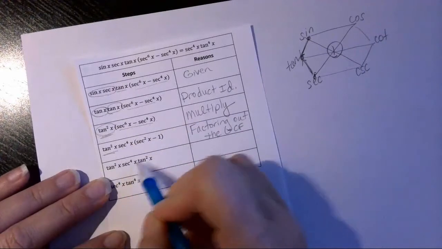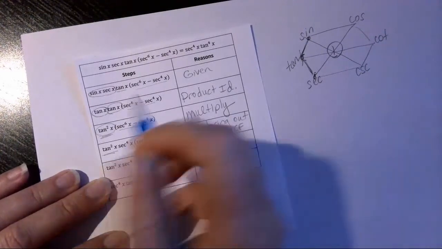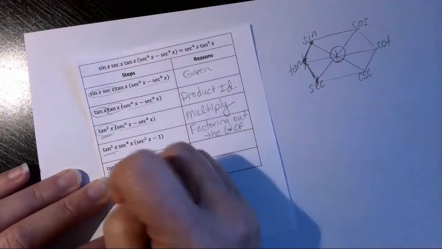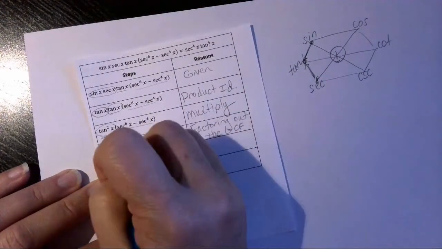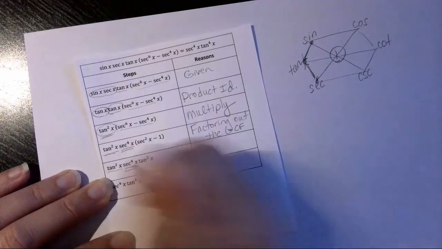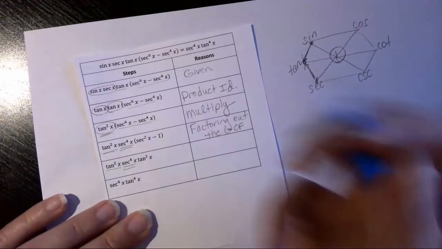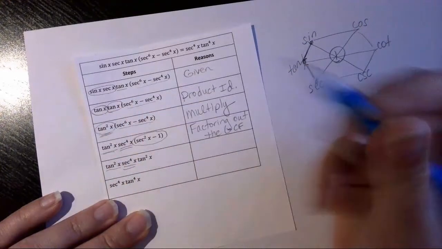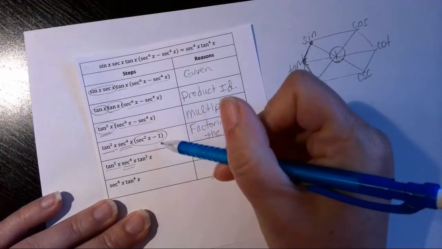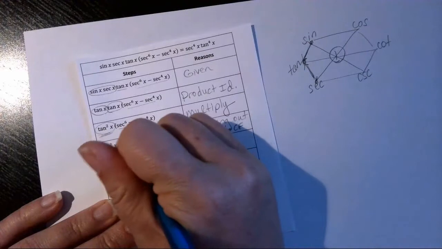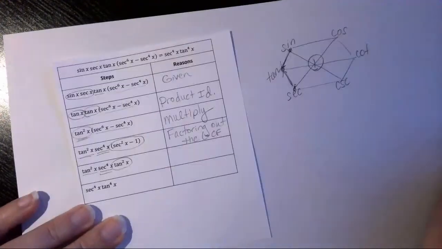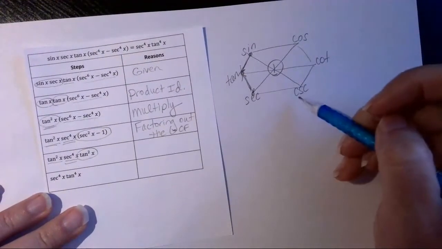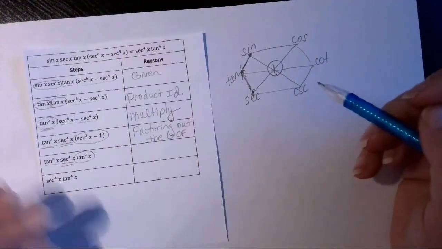Okay, now as we look from line 4 to line 5, here's that tangent squared x again from the previous line. Here's the secant to the 4th x, also from the previous line, so that didn't change. What's different is this quantity here in parentheses, this secant squared x minus 1, that has been replaced with a tangent squared x, and that would be a Pythagorean identity. So let's just look over at our hexagon, verify that that's correct.